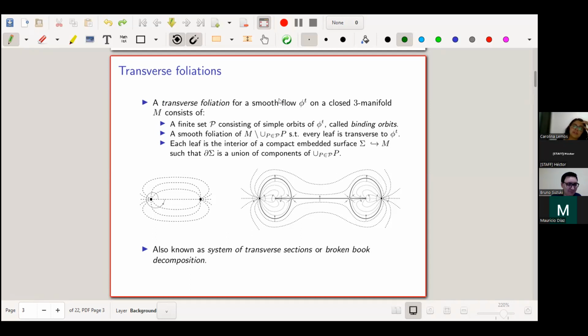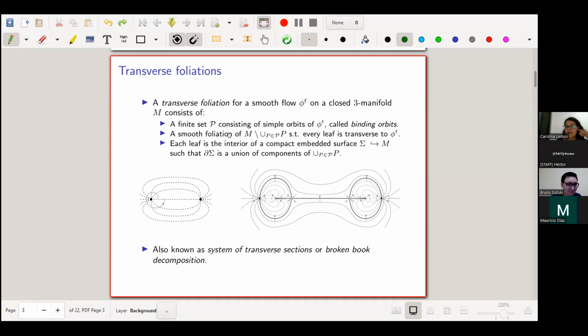Okay. So if you have a three-dimensional flow, the idea of a transverse foliation is the following. You have a special set of periodic orbits that we call the binding orbits. In the complement of these orbits, we have a lot of transverse sections that are not necessarily global, just surfaces transverse to the flow.